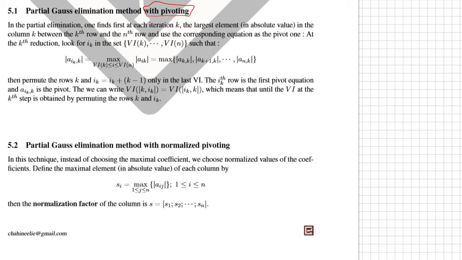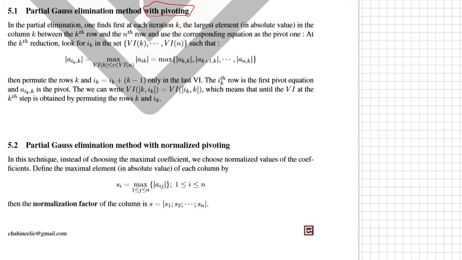So in the first method of the Gauss elimination with pivoting, I will put a criterion that I will follow to choose my pivot equation. You know that if you exchange the equations and put them in another order, the solution will not be affected. I mean, the system Ax equals b will still have the same theoretical solution x.